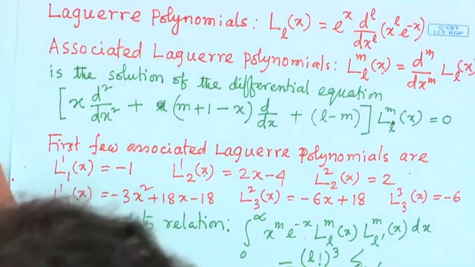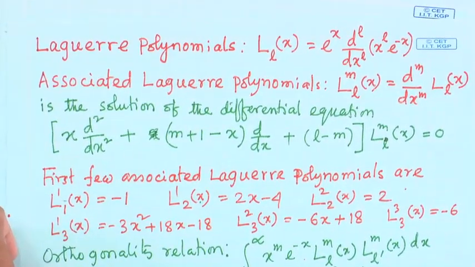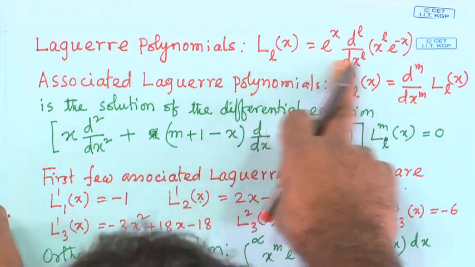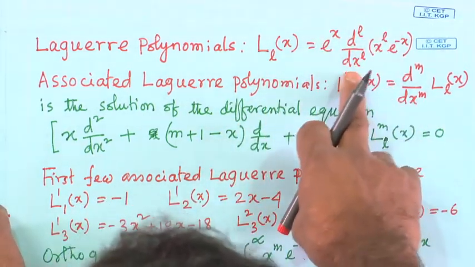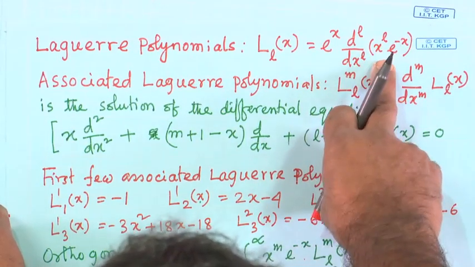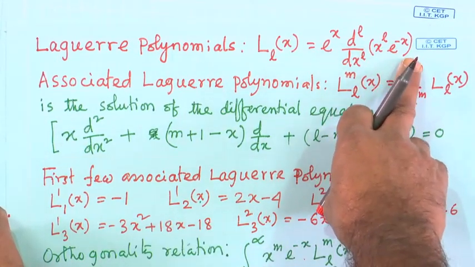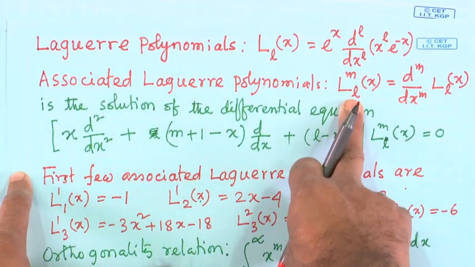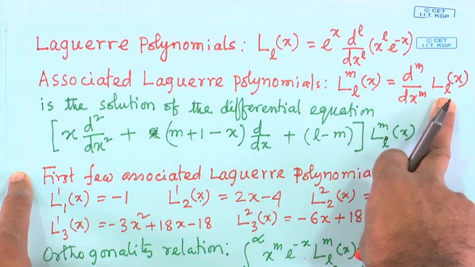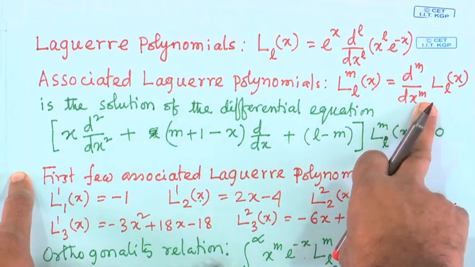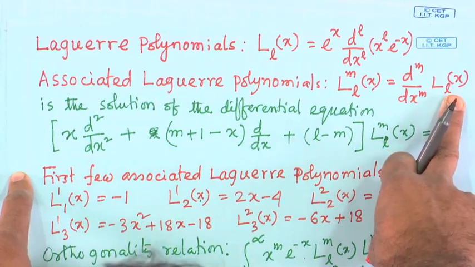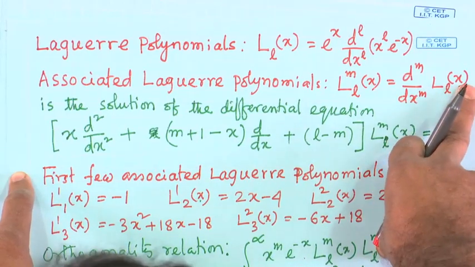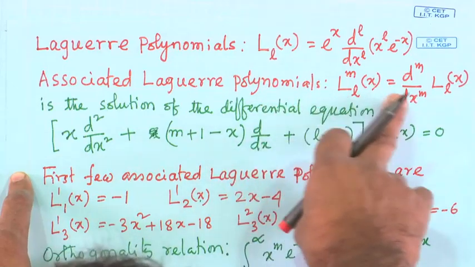Similarly, another important polynomial is the Laguerre polynomial. Its form is e to the power x, d L by d x to the power L, of x to the power L e to the power minus x. The associated Laguerre polynomial is basically defined in terms of the Laguerre polynomial: d m by d x to the power m of the Laguerre polynomial L x.